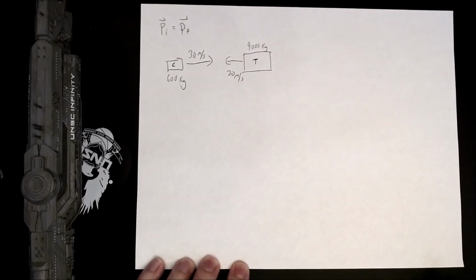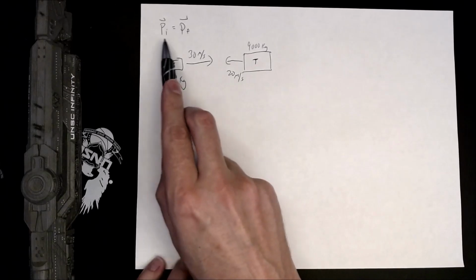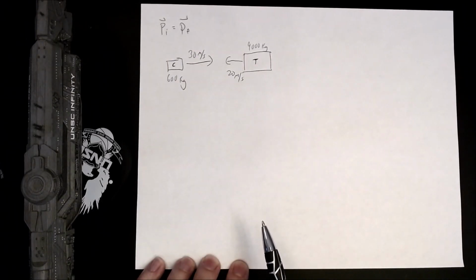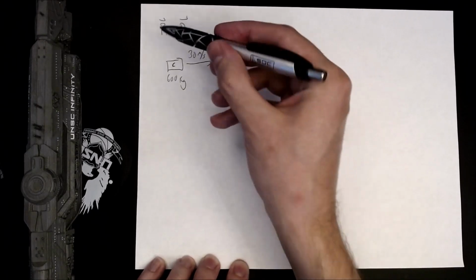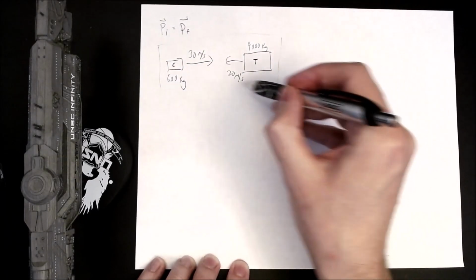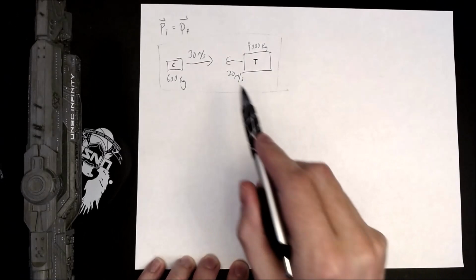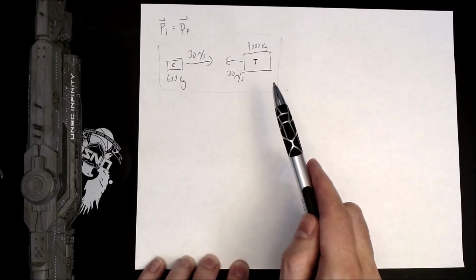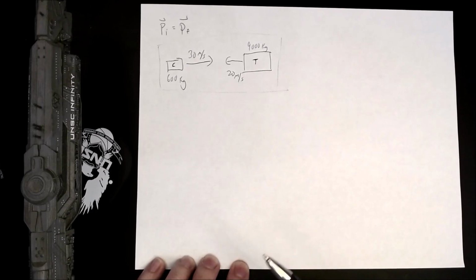The question on the slide is, to set up this problem, how many initial momenta do we need? Well, we start with this equation. I said that we can consider all these things to be part of a system. So if we consider our system to be both of these things put together, we know that before the collision to after the collision, the momentum should stay the same. So how many initial momenta do we need to solve this?